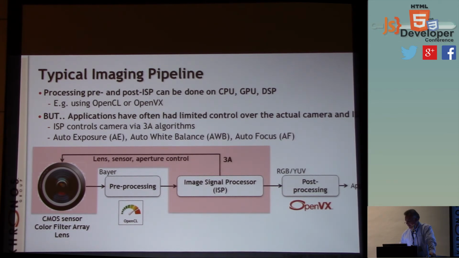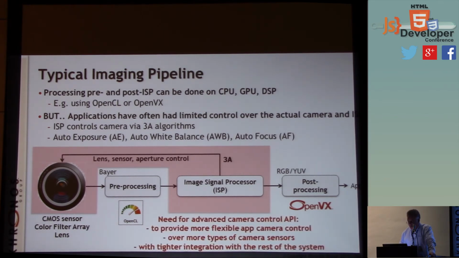We have APIs like OpenVX for post-processing, but we've never had a standard API for that level of control over the camera operation itself. And Khronos has just initiated a camera API for that purpose. It's so new, we don't even have a name or a logo yet, but that's intended for launch probably by the end of next year.